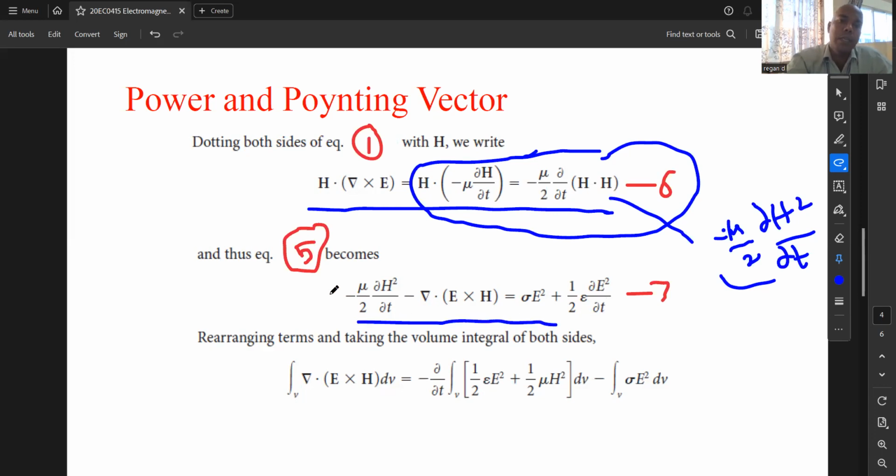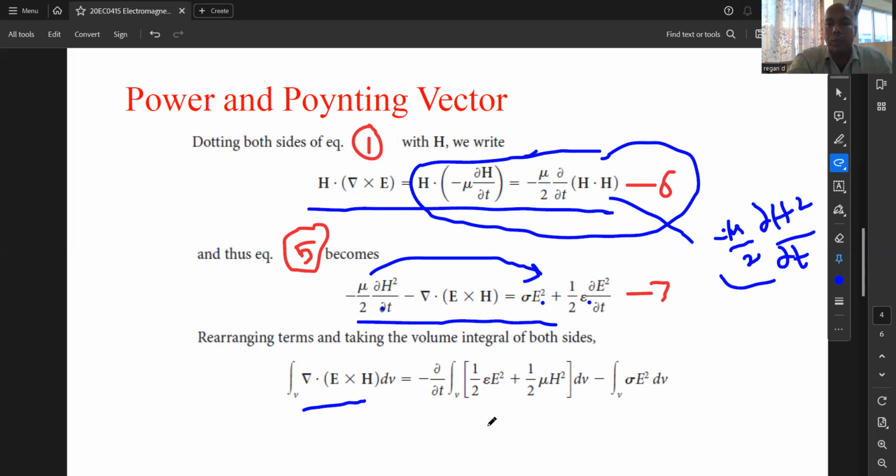Again, we rearrange these equations. That means del dot E cross H is on this side and is equal to, so this comes here. After rearranging, I'm applying the divergence theorem.